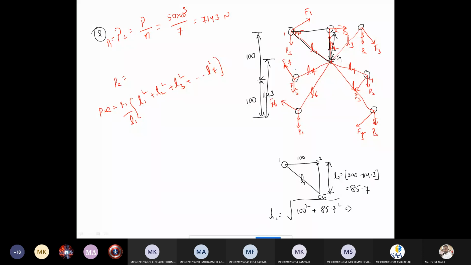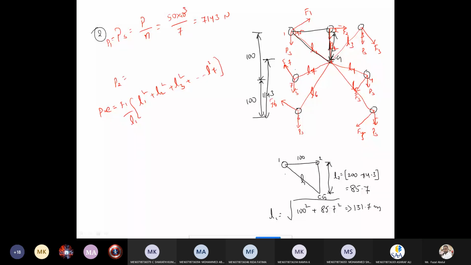L1? It is 131.69, 131.697. I'm writing. Okay, so that is the L1 we calculated.